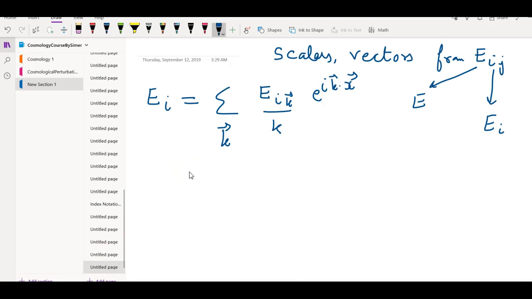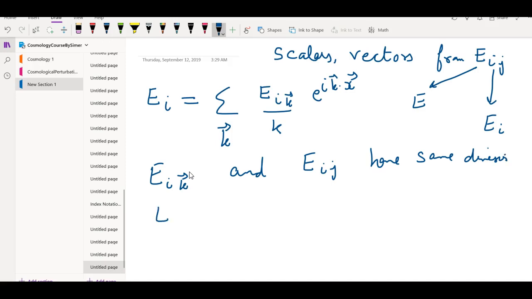And why are we doing it like this? So that the k Fourier coefficient and Eij have the same dimensions.